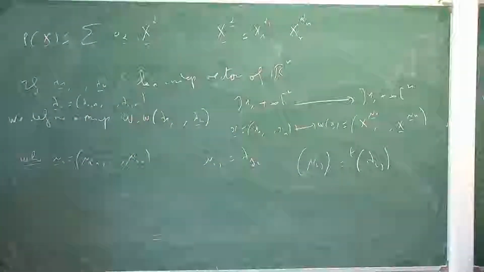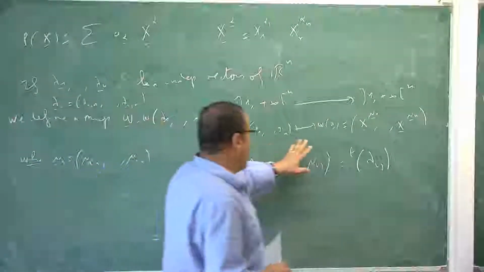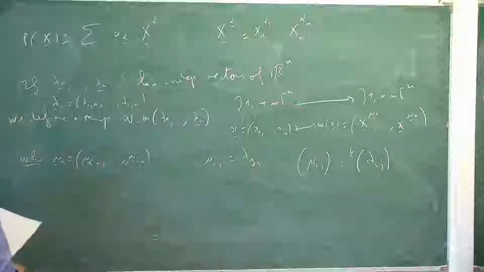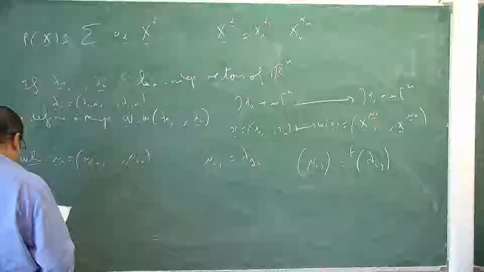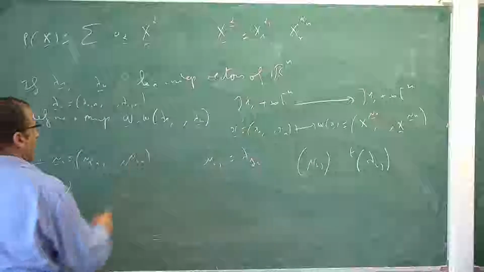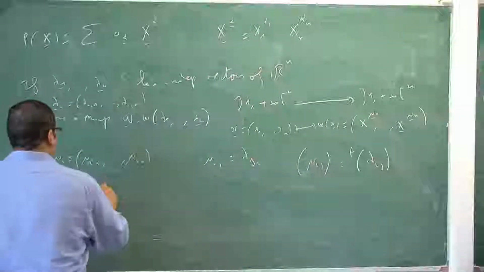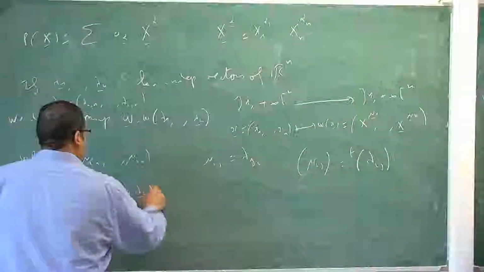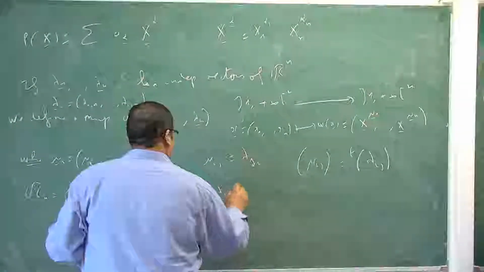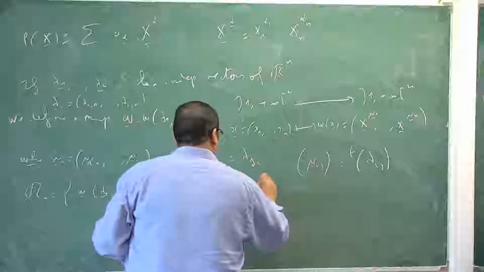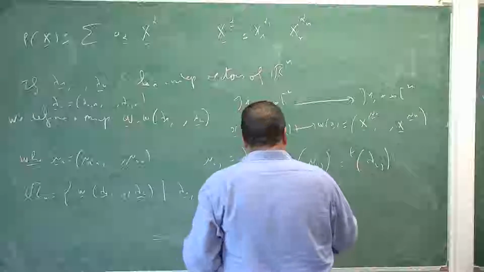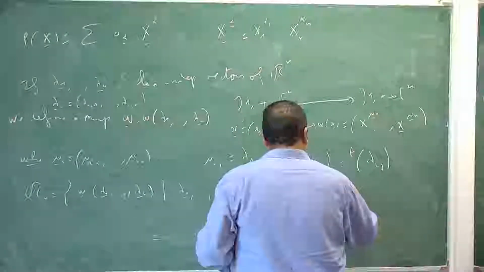So we define this map, and they will play an important role in the cycle. And we define omega n as the set of omega lambda 1, ..., lambda n such that lambda 1, ..., lambda n are vectors with integer coefficients and are linearly independent.